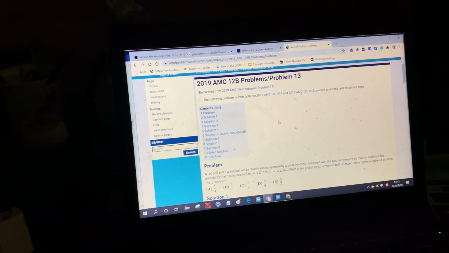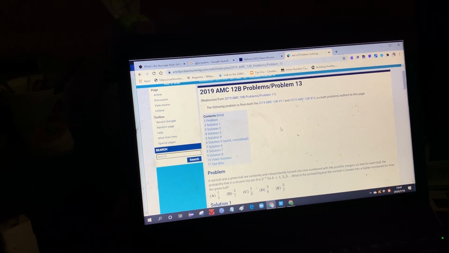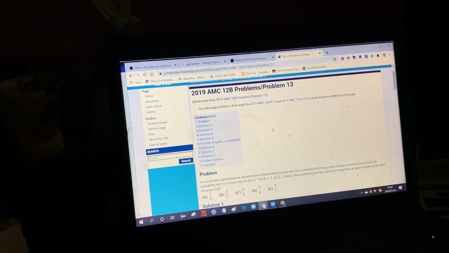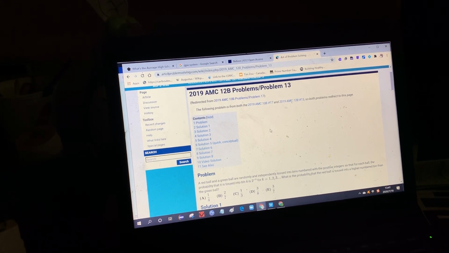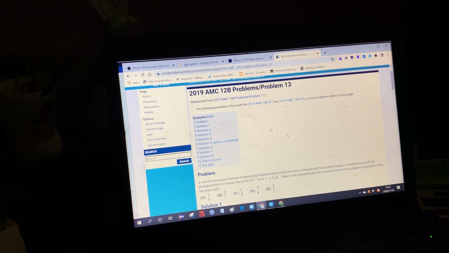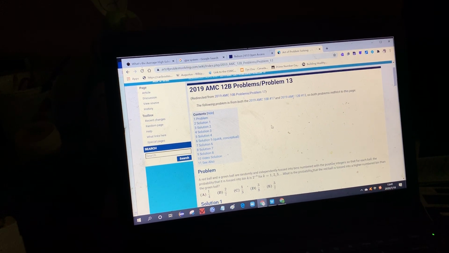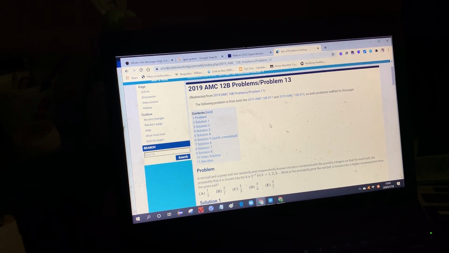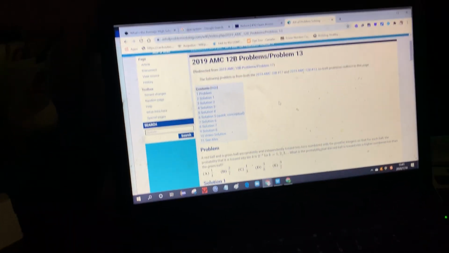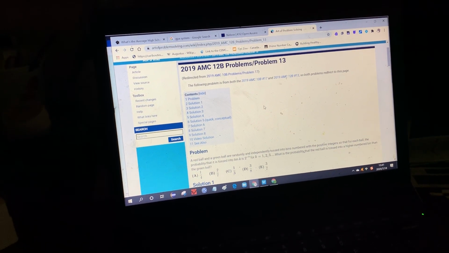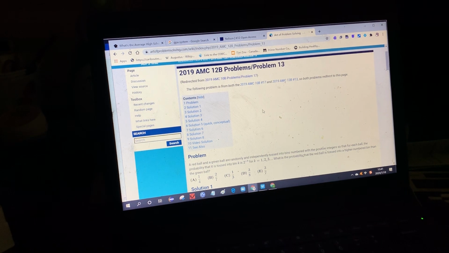What does it mean? Randomly and independently tossed into bins numbered with positive integers.